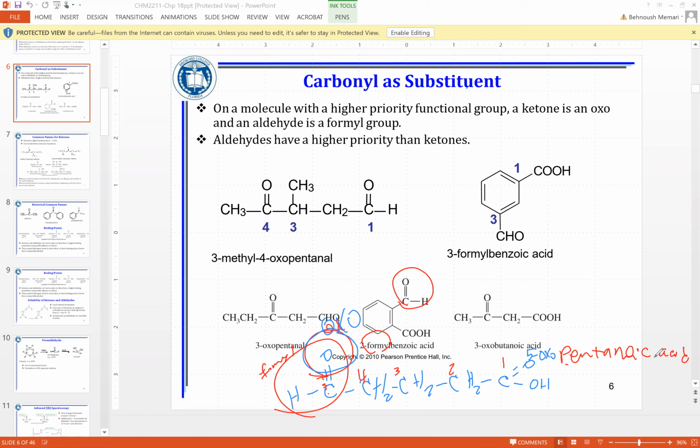So formyl is used only if it's attached to a cyclic system. But if it's attached to an open chain, at the end of the chain where you have your high priority functional group, and the aldehyde is at the end of the open chain, you just use the oxygen as a branch and you say oxo as the branch.